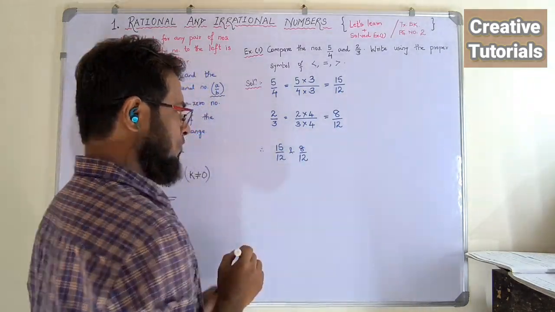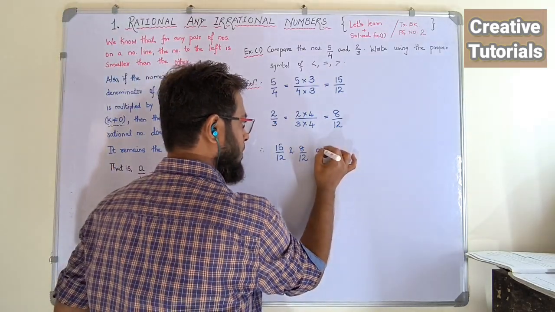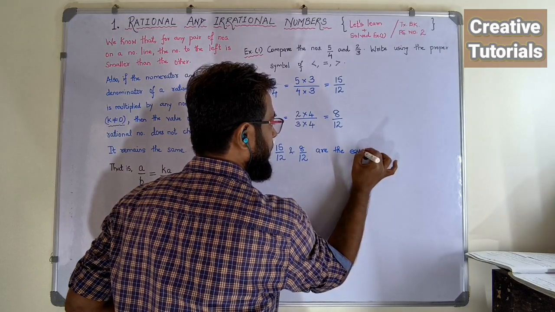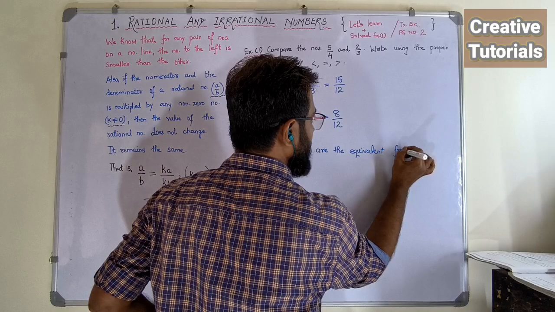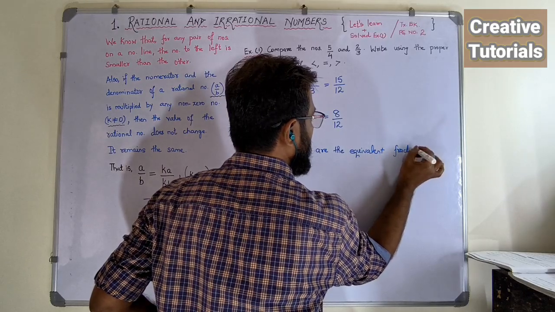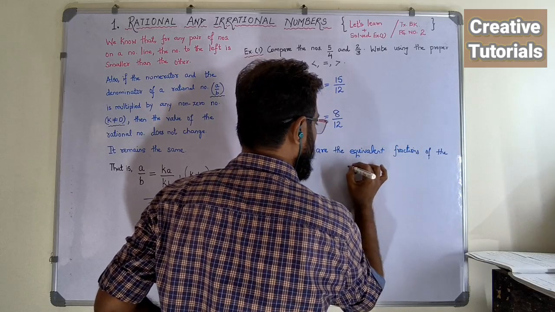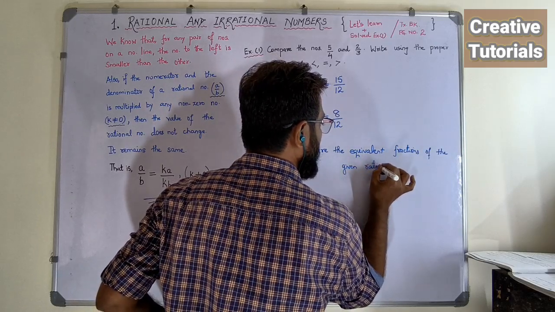Therefore, 15 upon 12 and 8 upon 12 are the equivalent fractions of the given rational numbers.